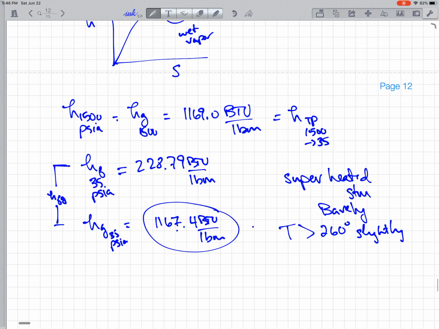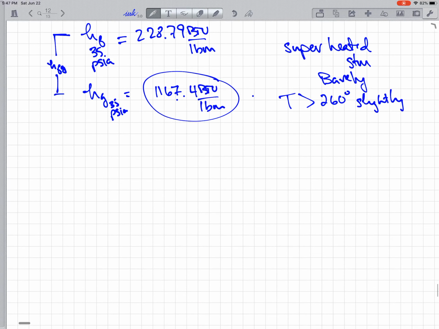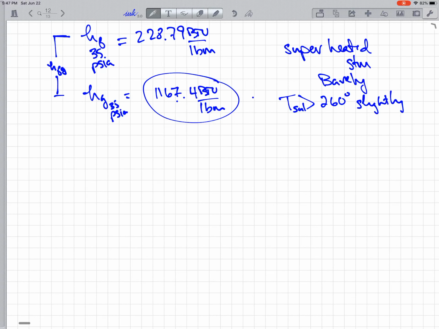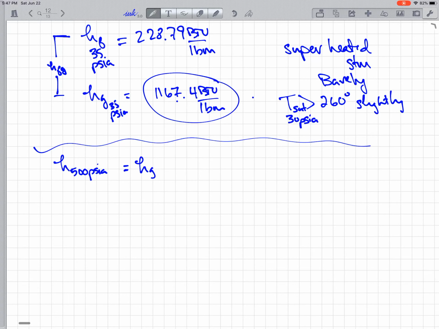And now we want to compare that, and that is the saturation at 35 psia. Now compare that to enthalpy at 500 psia. And that's, of course, going to be dry saturated steam, so we use H sub G at 500 psia.